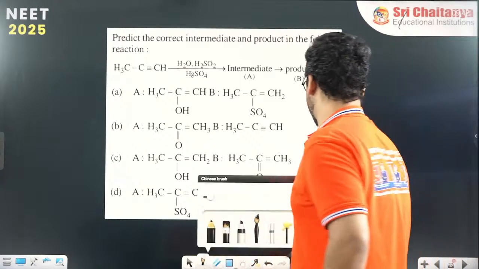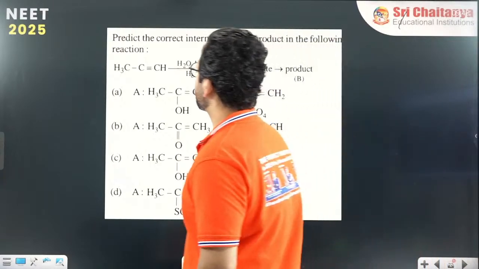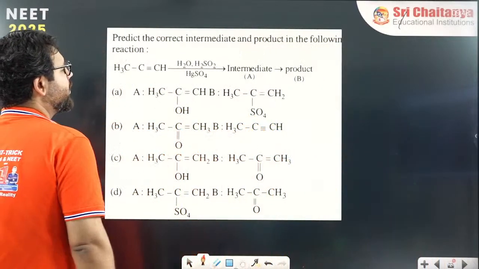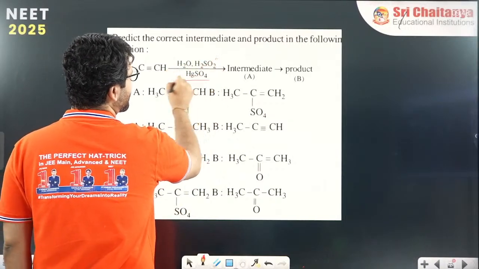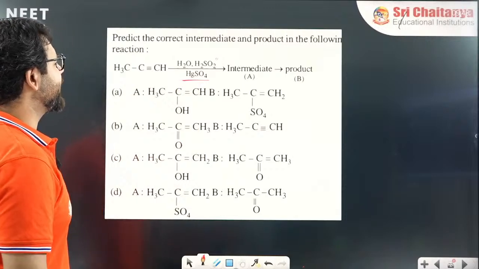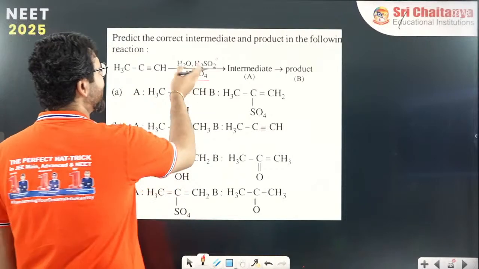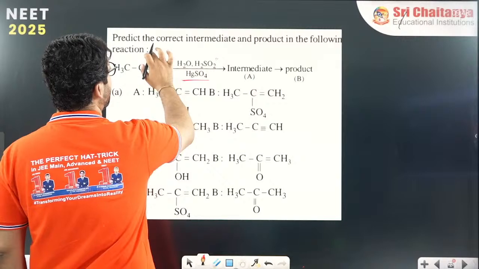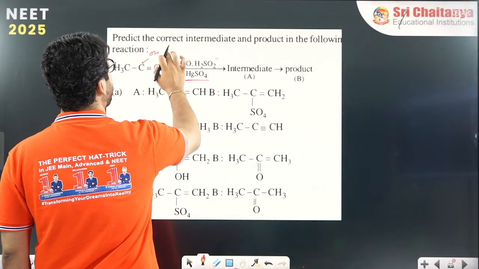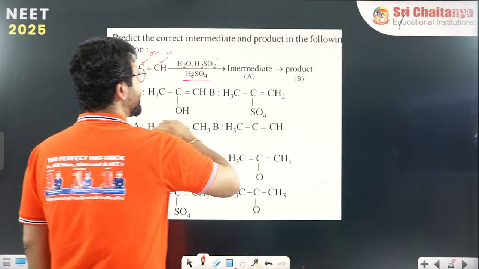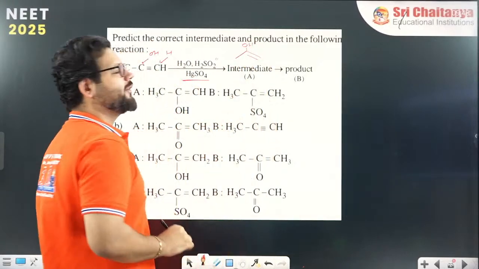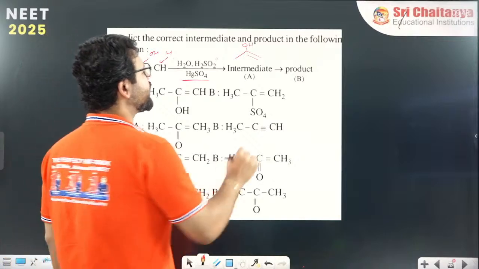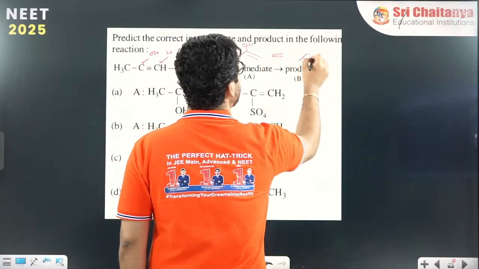Next one, let us go for now. Starting with propyne, we are adding water. Water addition in the presence of acid and mercuric sulfate acting as a catalyst. Water will add by Markovnikov rule, where OH will go to the center and H will go to the corner, giving you an enol. And we know enols are unstable, so they undergo tautomerism to give you ketones.